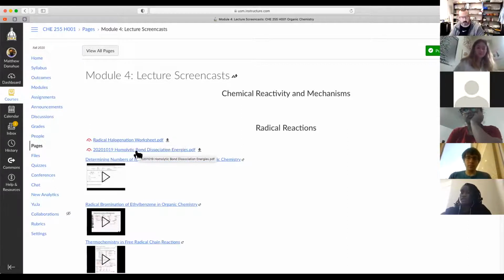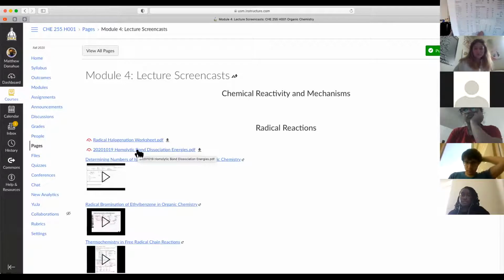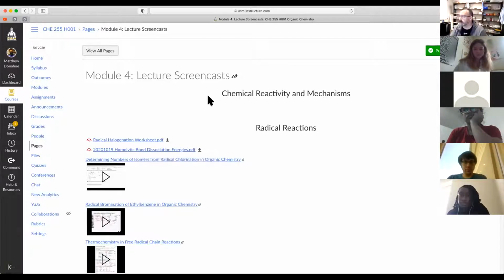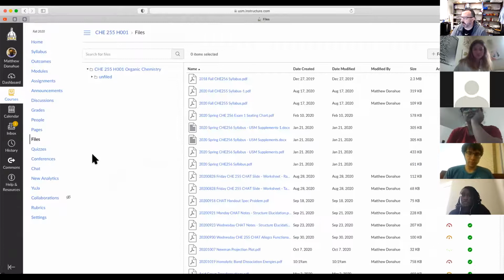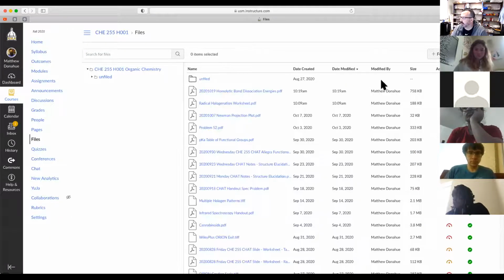Then the homolytic bond dissociation energies is one table from your book. It's table 6.1, and it looks like that. Those are in the lecture screencasts of Module 4. Someone said you could go to files as well. I don't do that too often, but you can see them right there. We'll be using those two today. So pardon my Zoom ignorance, I don't use it often.